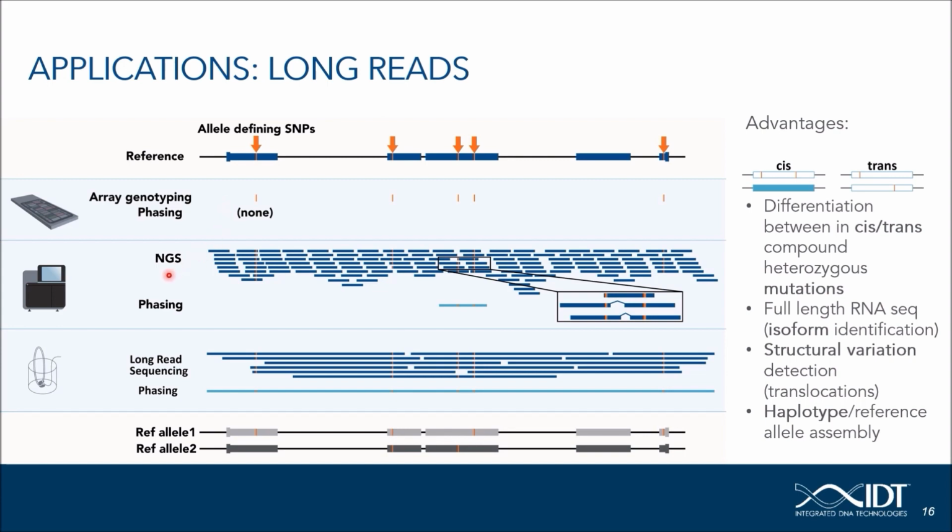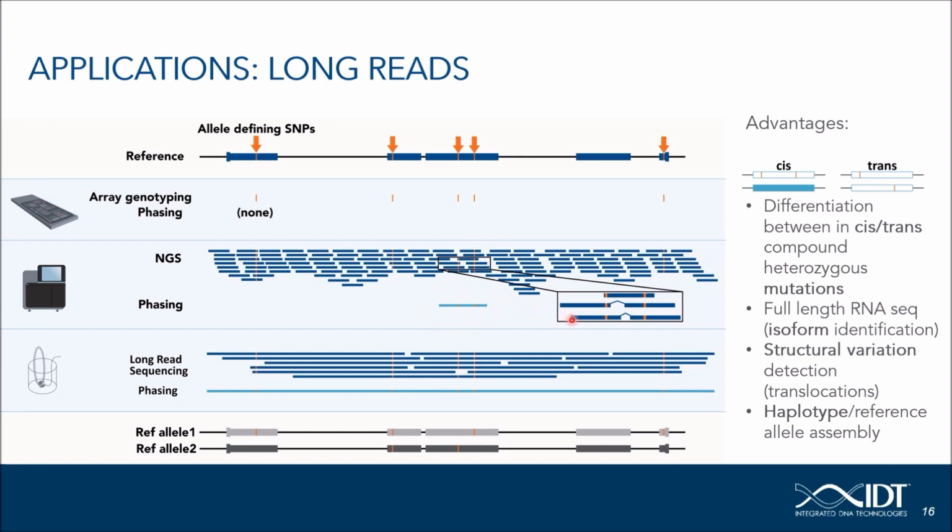Next generation sequencing does also resolve some genomic context of your respective allele defining SNPs. However, also these SNPs can very rarely be put back together into one phase resembling your reference alleles.